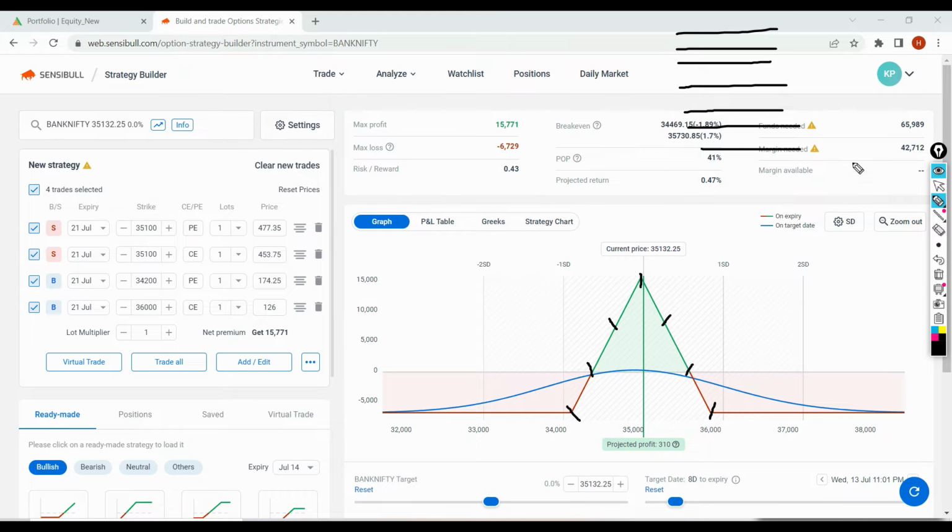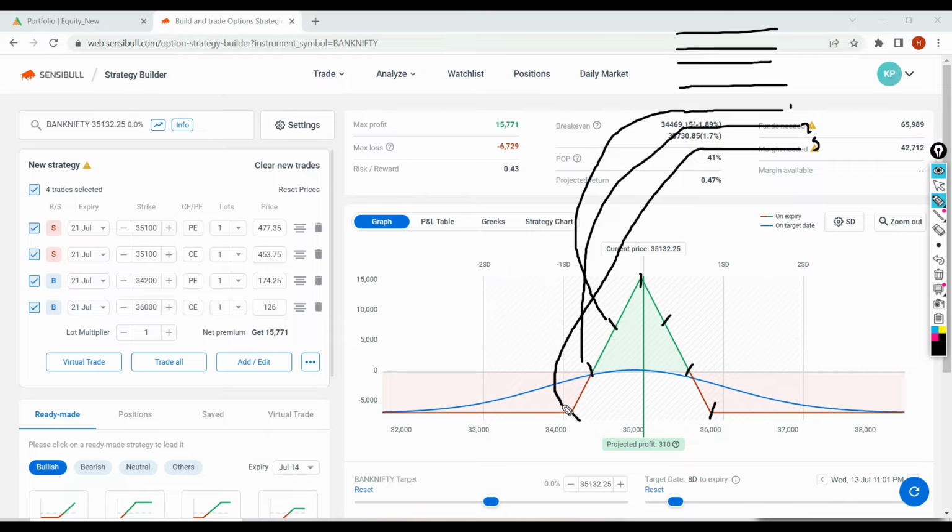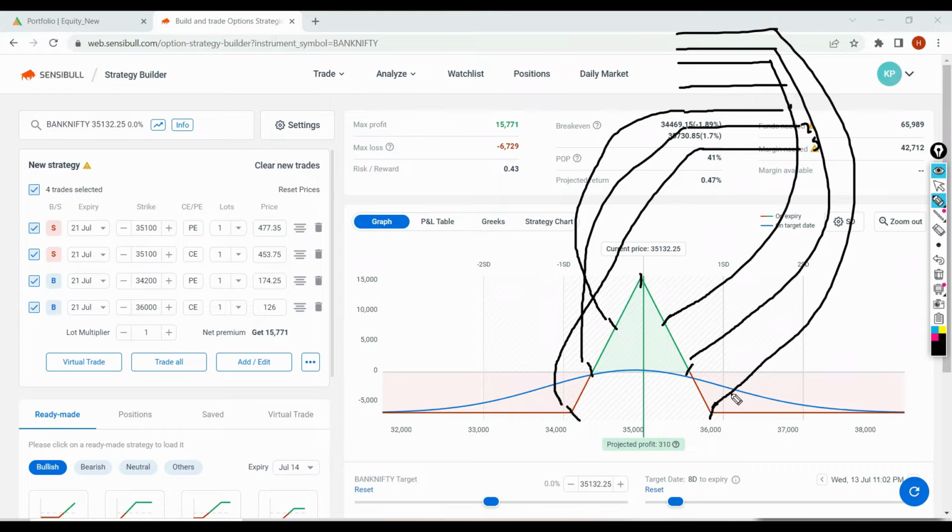This marking is your support 1, your support 2 will be this, and your support 3 will be this. Your resistance 1 would be this one, your resistance 2 this one, your resistance 3 this one. That's it. If you do not know the logic I'm discussing, please watch my previous videos.